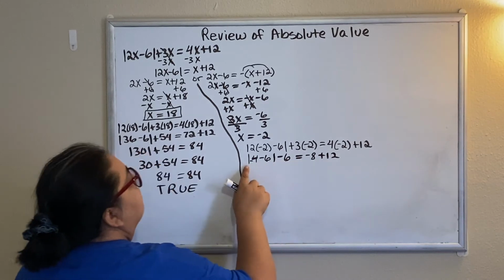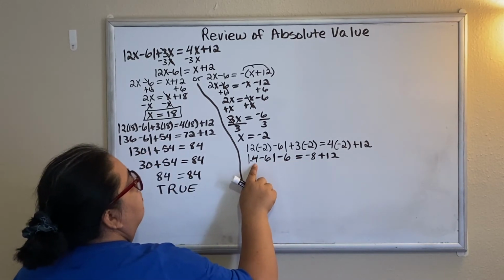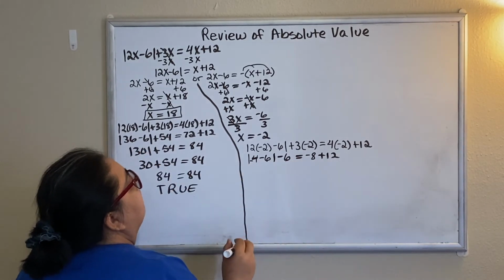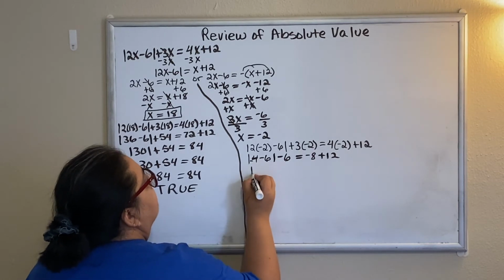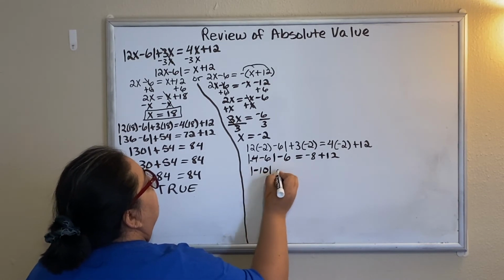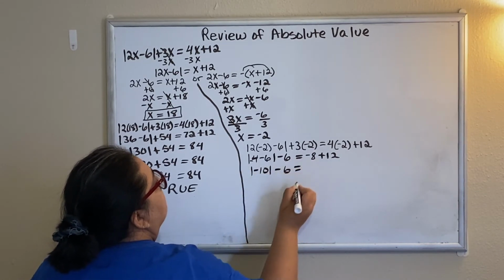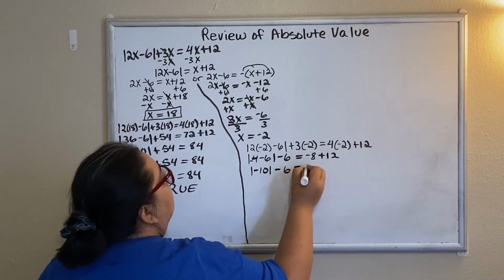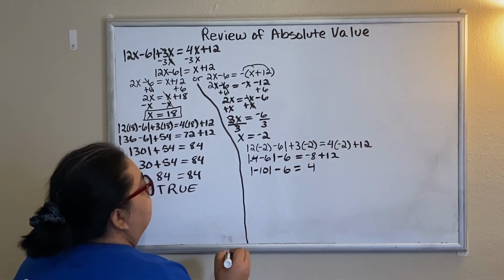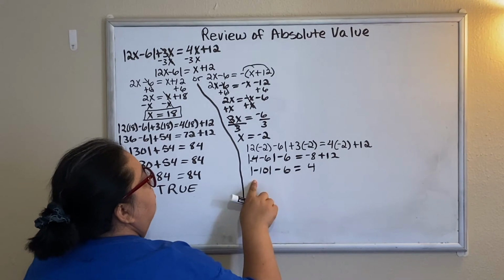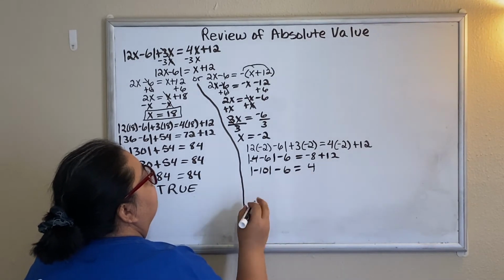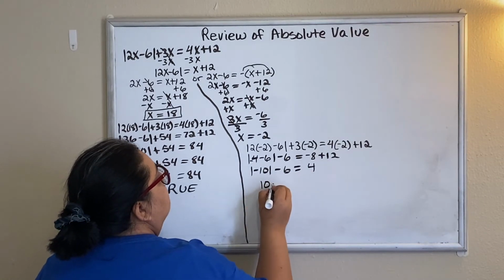And now we go back to the beginning. Inside the absolute value, I have negative 4 minus 6, which is negative 10. So we're going to say the absolute value of negative 10 minus 6 equals negative 8 plus 12 is 4. So now we go back to the beginning. The absolute value of negative 10 is positive 10.